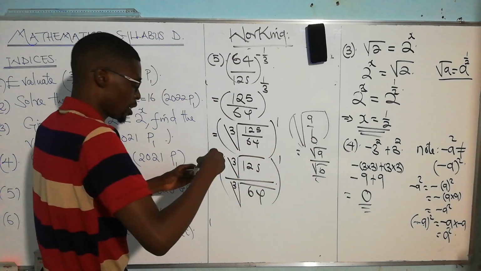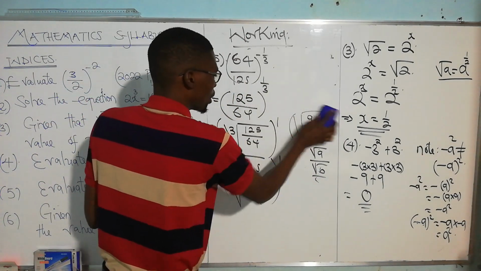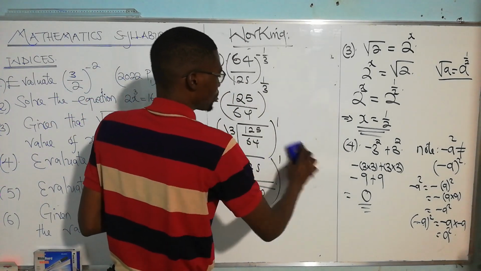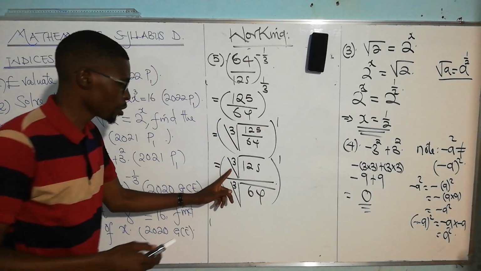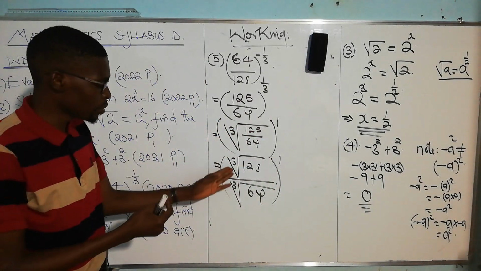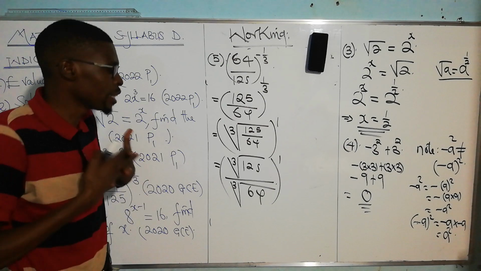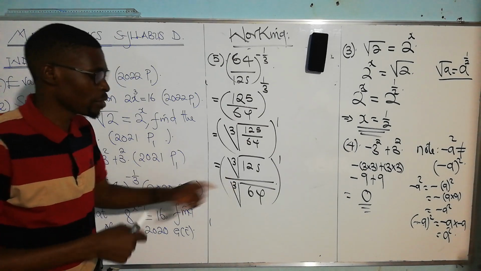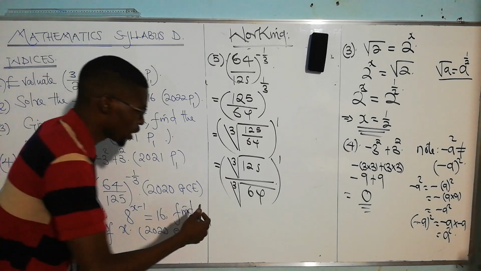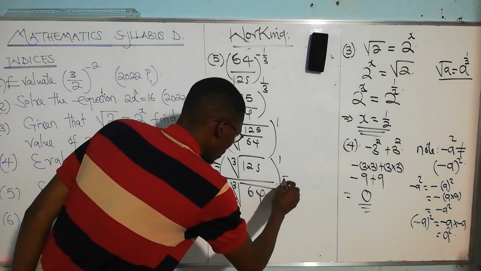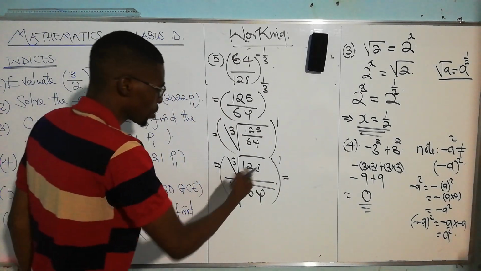So this means one and the same thing. So that's what we are going to do there. Now, because cube root of 125, we are looking for a number that we can multiply by itself 3 times, and it will give us 125. And this is a paper 1 question where you are not using a calculator. You know how to get the roots.